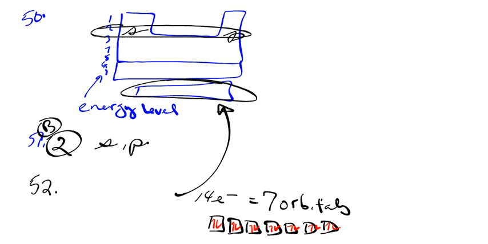What that means is each orbital has 2 electrons per orbital. So number 52, the answer is D.